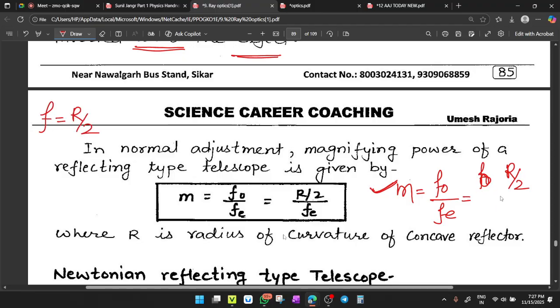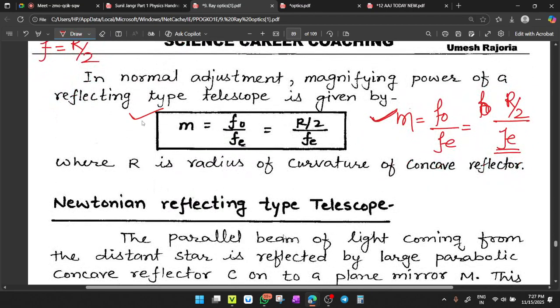So you have M equals (R by 2) upon fe, where R is the radius of curvature of the concave reflector, the bigger mirror, and fe is the focal length of the eyepiece.